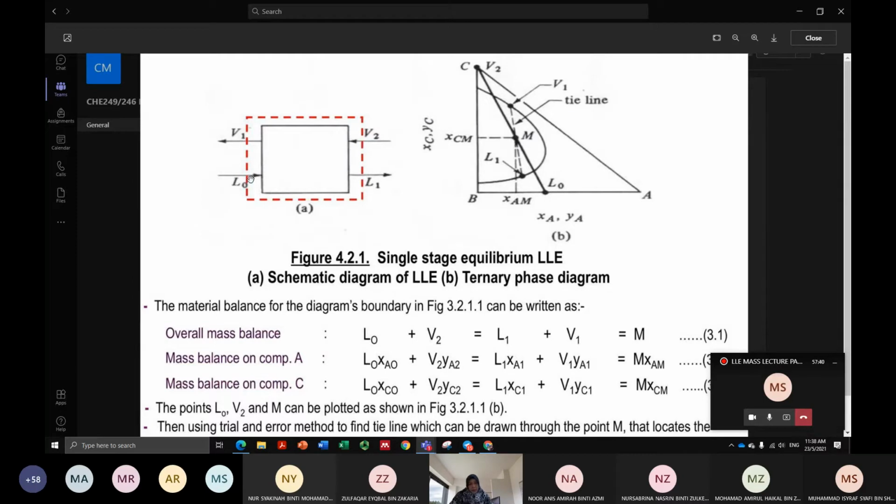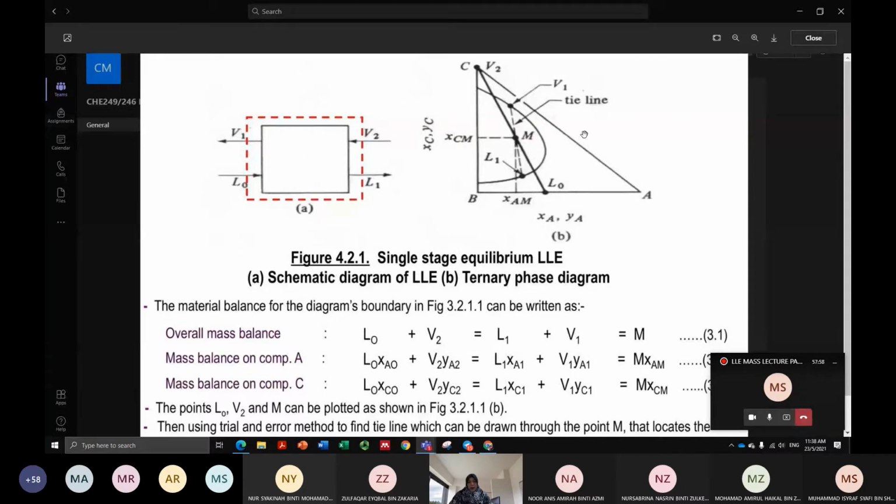So if you were to mix this L0 and V2, L1 and V1, you connect a line L0 and V2, L1 and V1, you get the M position.